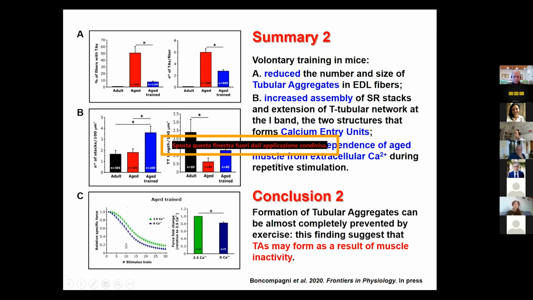It is also able to restore the dependence of aged muscle on extracellular calcium during repetitive stimulation. Altogether, these data seem to suggest that, at least in mice, TAs may form with age as a result of muscle inactivity, and that their accrual can be strongly reduced by regular exercise.